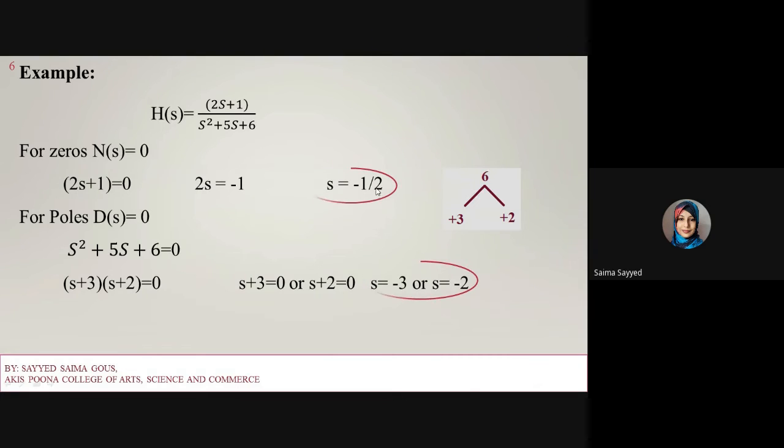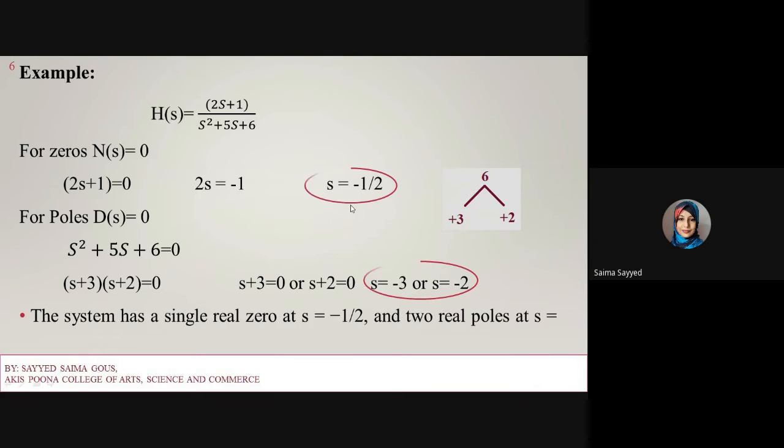The zero is s = -1/2, and the poles are s = -3 and s = -2. Now the system has a single real zero at s = -1/2, and there are two real poles at s = -3 and s = -2.